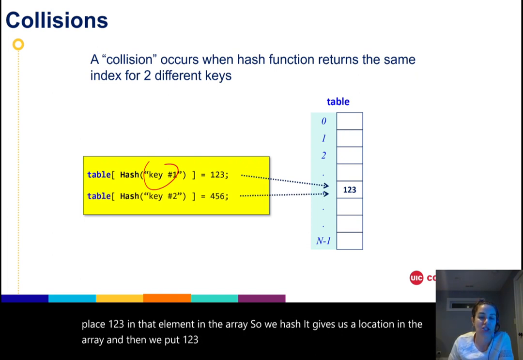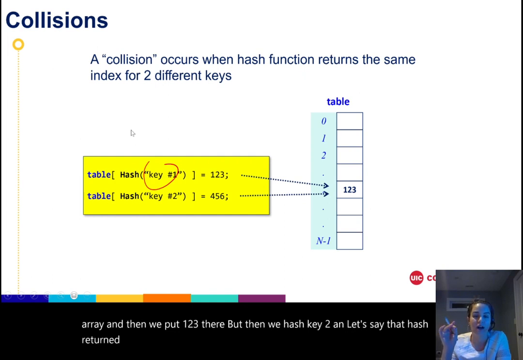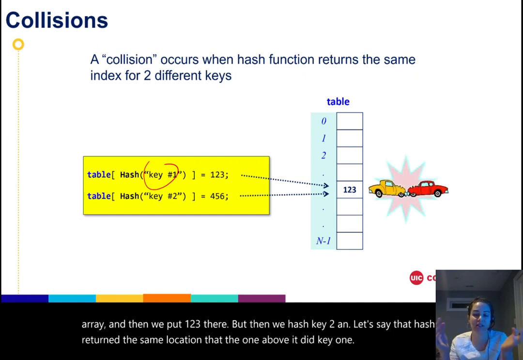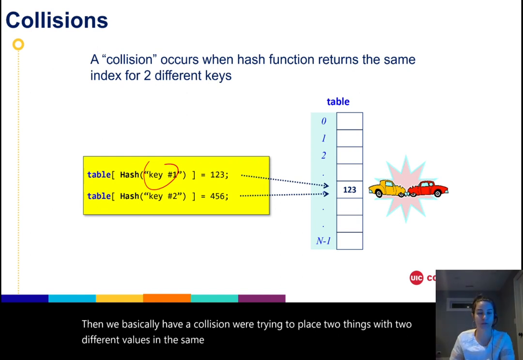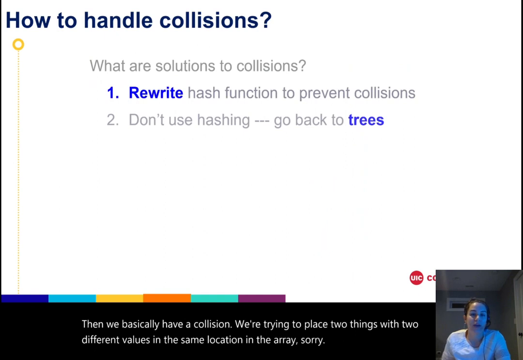But then we hash key 2, and let's say that hash returned the same location that key 1 did. Then we basically have a collision. We're trying to place 2 things with 2 different values in the same location in the array.